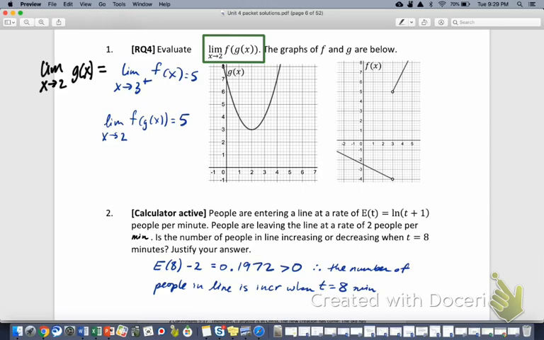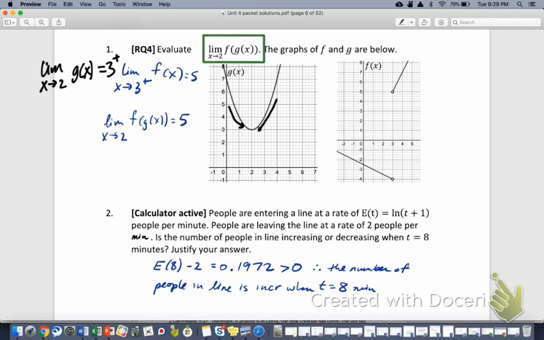And so as x approaches 2 on g of x, of course, we are approaching 3, right? But is it 3 from the right or 3 from the left or 3 from both directions? I would propose to you that it's actually 3 from the right, because as x approaches 2, the y values approach 3 from above 3.